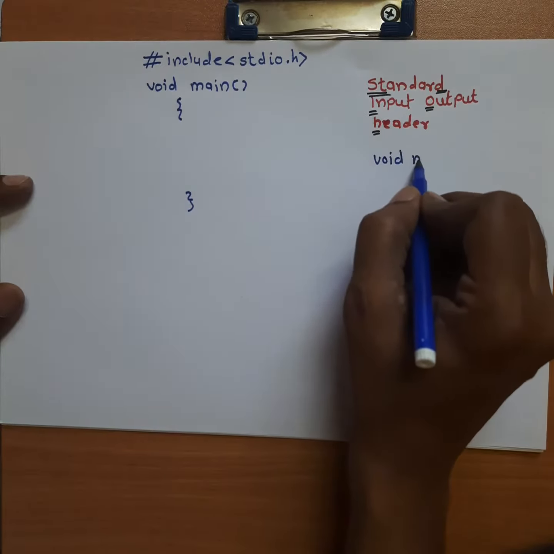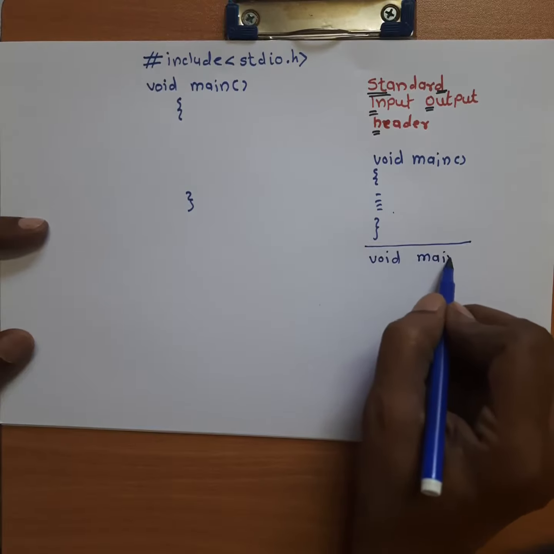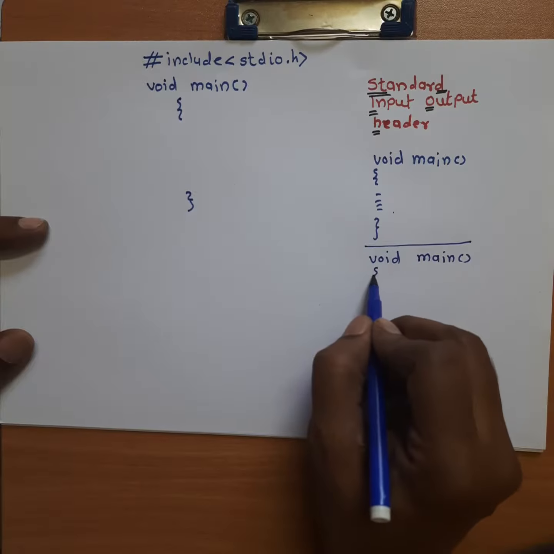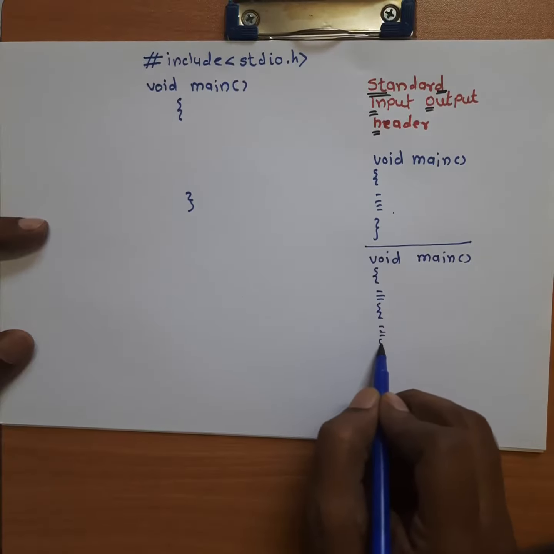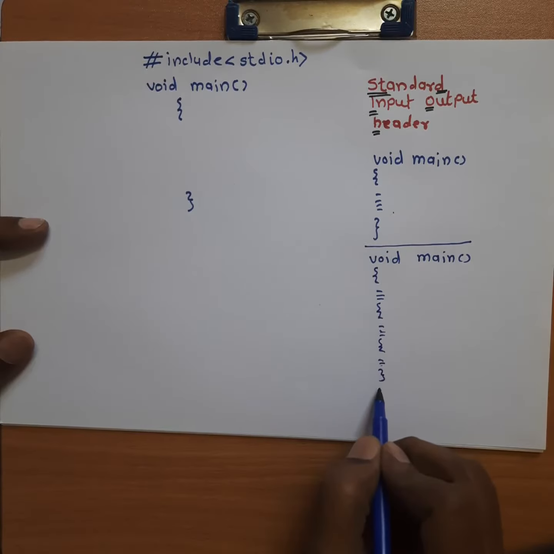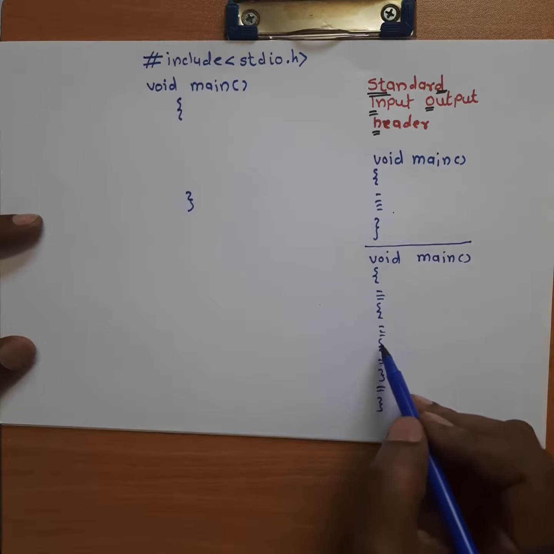Currently we are using only a single bracket, but as we go further it may be required to give multiple opening and closing brackets in a program. In such a case, if we miss some curly bracket, now here 3 opening brackets are there.